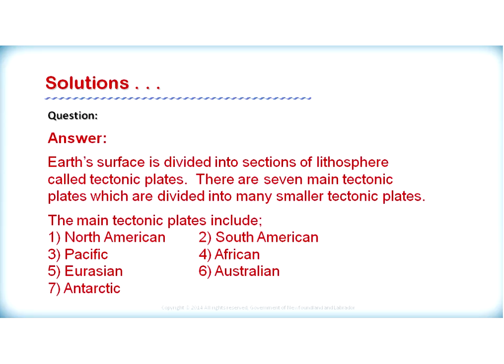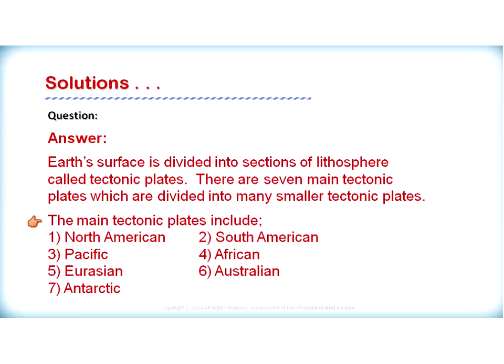So when we look at the Plate Tectonic Theory proposed by Tuzo Wilson, we know that Earth's surface is divided into sections of lithospheric plates called tectonic plates. There are 7 main tectonic plates, which are divided into many smaller tectonic plates.